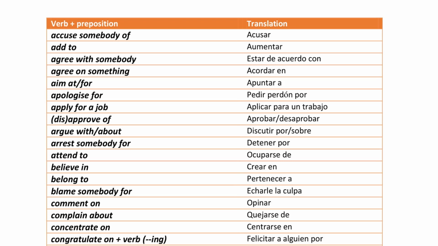Disapprove of or approve of is aprobar or desaprobar de. Argue with or argue about, discutir por or sobre. Arrest somebody for is detener por, okay, detener alguien por algo. Attend to, ocuparse de. Okay, attend to something is ocuparse de.